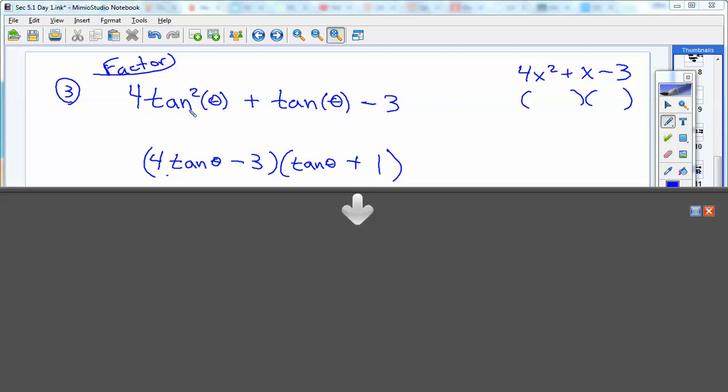So it turns out it's this. 4 tangent times tangent is 4 tangent squared. Outer would be 4 tangent, inner would be minus 3 tangent. So 4 tangent, take away 3 tangent is 1 tangent, and then negative 3 times 1 is negative 3. So it's just your FOIL factoring business, right? And that's it. Now, where that's going to come into play is maybe we have something on the bottom too, and then something could cancel. All right.